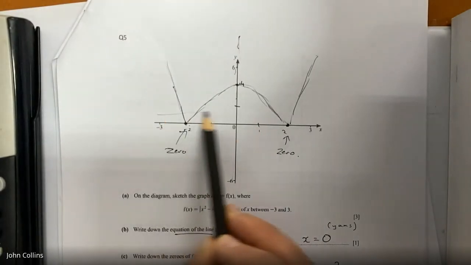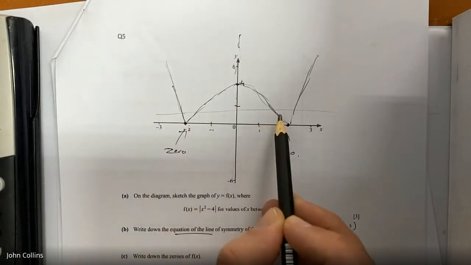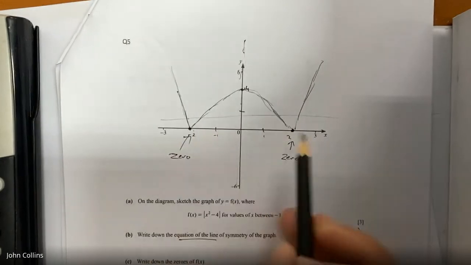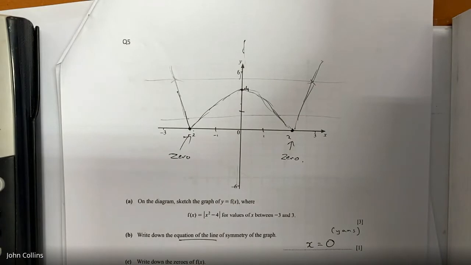So if I just draw a random straight line that cuts at four occasions, 1, 2, 3, 4. If I do it up here, it cuts it at 2 occasions, 1, 2. I need to find out the horizontal line that cuts it at exactly 3 occasions. Can anyone suggest where that might be? Felicia?